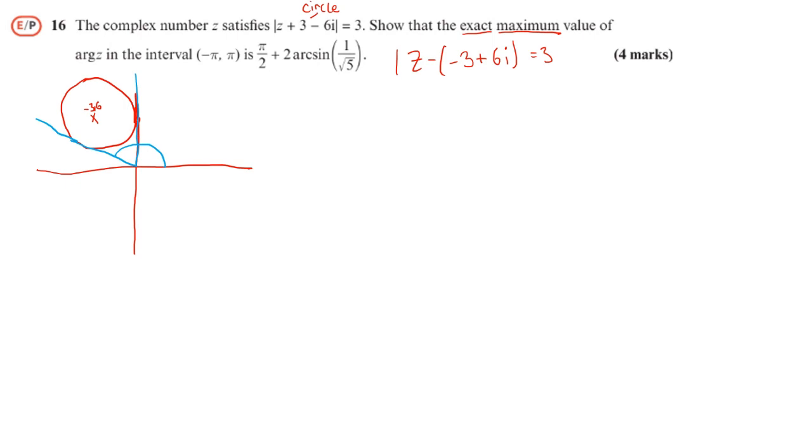We're doing this in radians, so this angle here is pi over 2. That makes part of our larger angle here, so we can note that down.